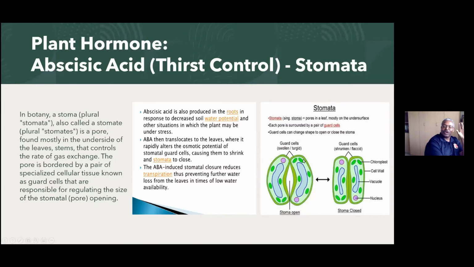It makes those guard cells close. The guard cells close, and what happens to the stoma? It closes. Your plant now is trying to save itself. So this particular hormone, abscisic acid, for thirst control in relation to the stomata, saves your plant. Water your plant.